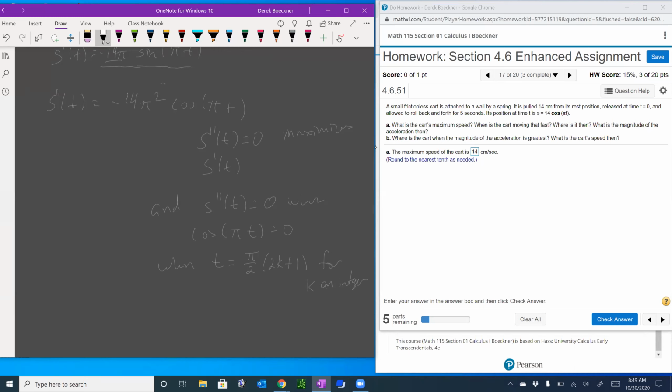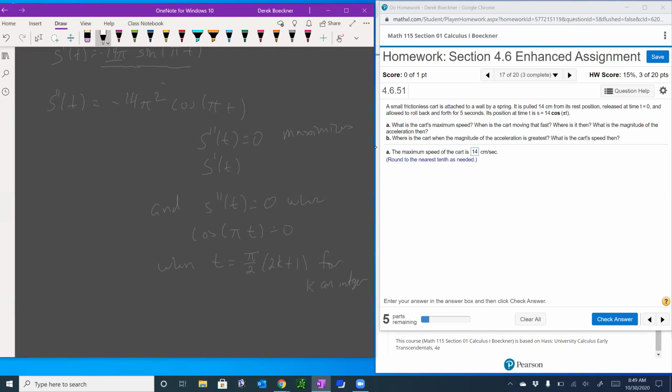Right. So I want the odd, 1/2, 3/2 pi, 5/2 pi, and so on. That's when we're going to get back to the center, because it takes us 2 for a full loop, but 1 to get back to the center, and then 1 to get back to the center again, and so on.